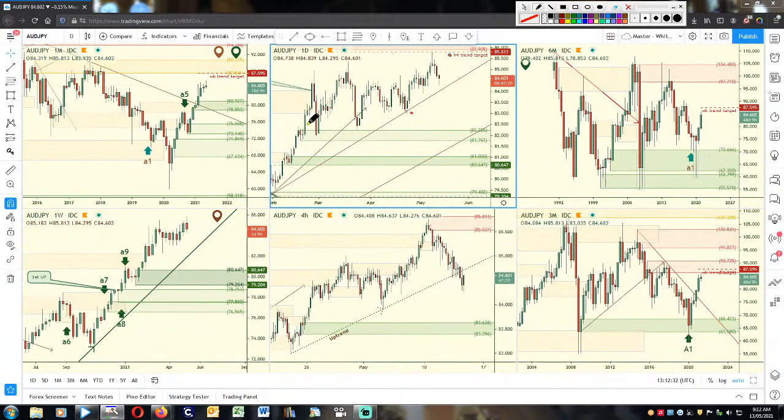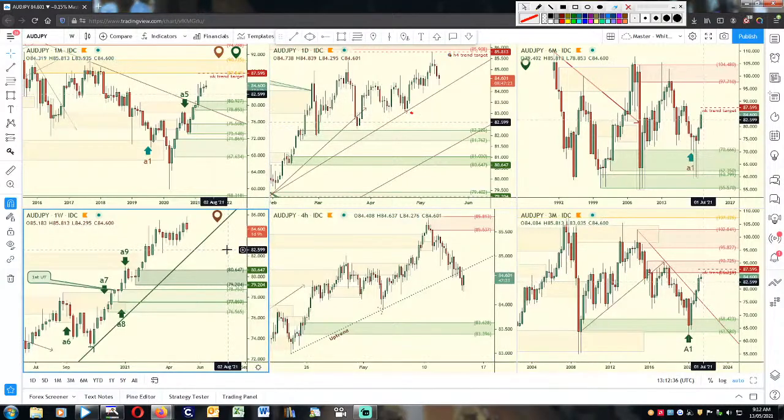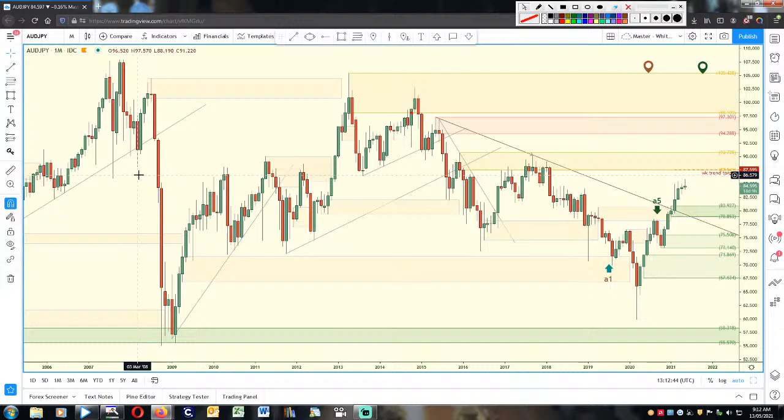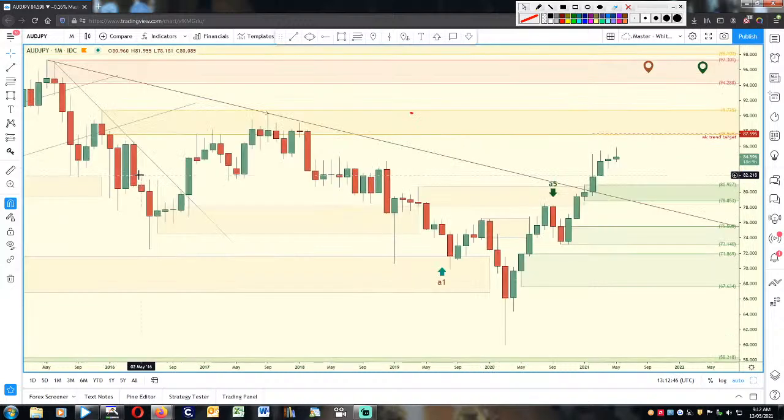And so we also have higher targets on the charts. We're expecting price to head higher. On the monthly chart, we have price expected to move higher. We got demand down here, but price is like in the middle of the ocean right now.